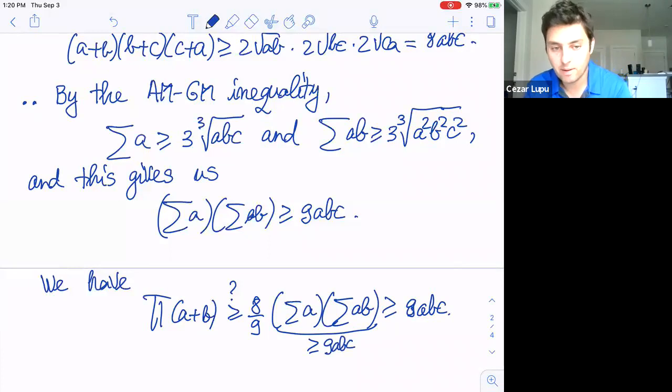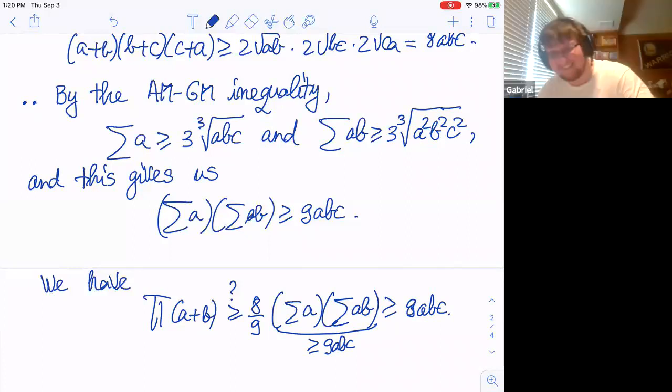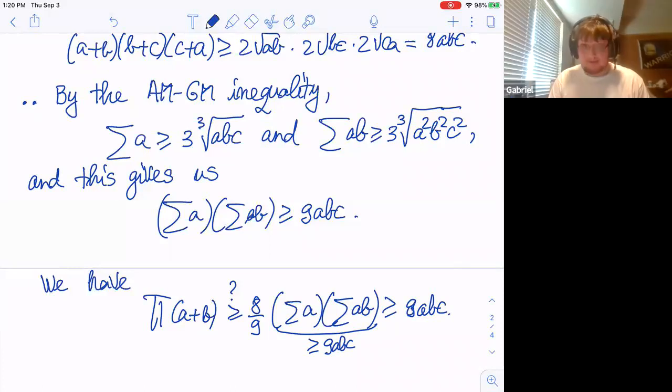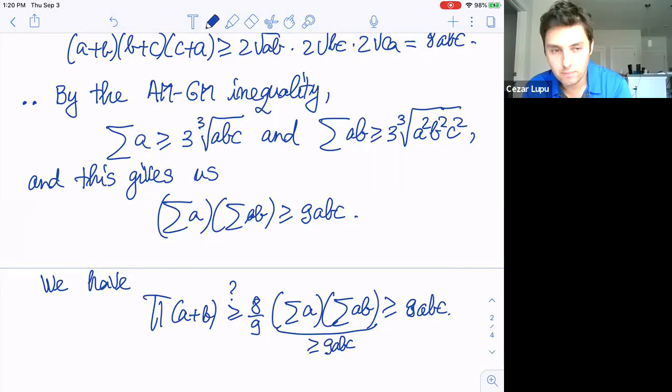Well, Gabriel, since you are Romanian, how did you solve this? I think it was by arithmetic mean and geometric mean, just like the first one. But directly like this?